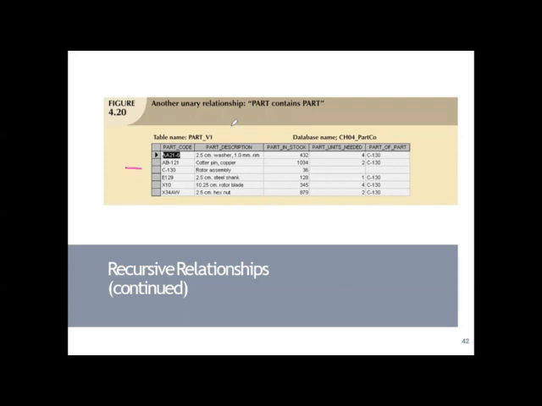We can see the rotor assembly is part of part A8216, and then AB121, A129, X10, X34AW. So this is the recursive relationship. Part contains part.